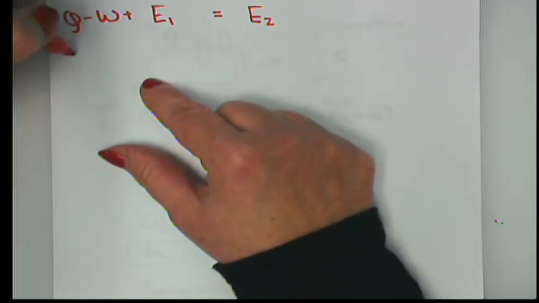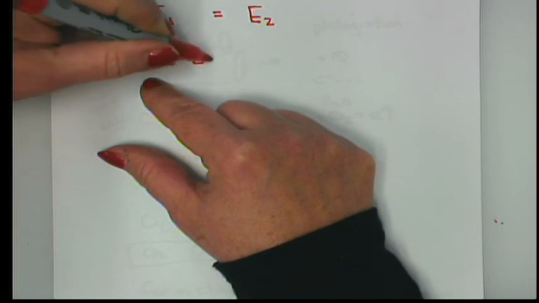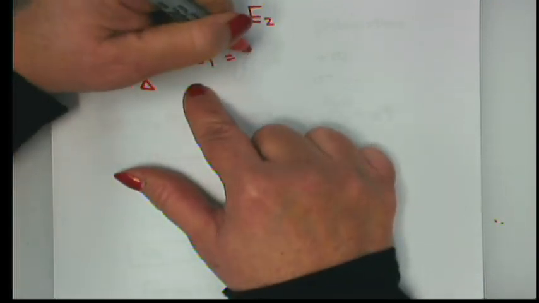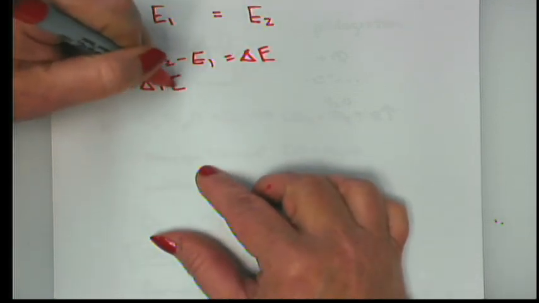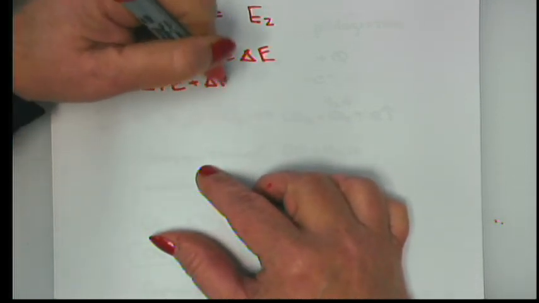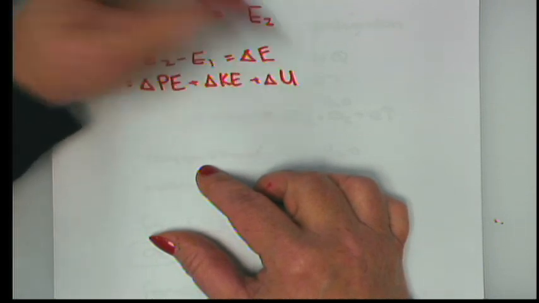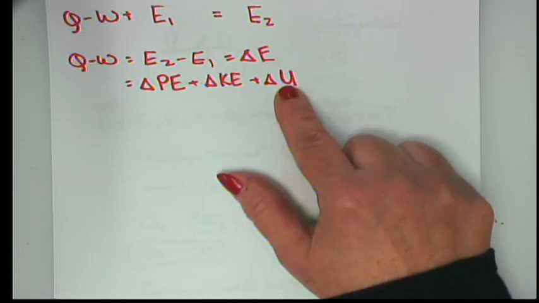And for simple mechanical systems, Q minus W equals E2 minus E1, which we've said in general is the change in, this is just delta E, I guess would be the way I would put it. So you could say delta potential energy, delta kinetic energy, delta internal energy. Internal energy is designated by the variable U.